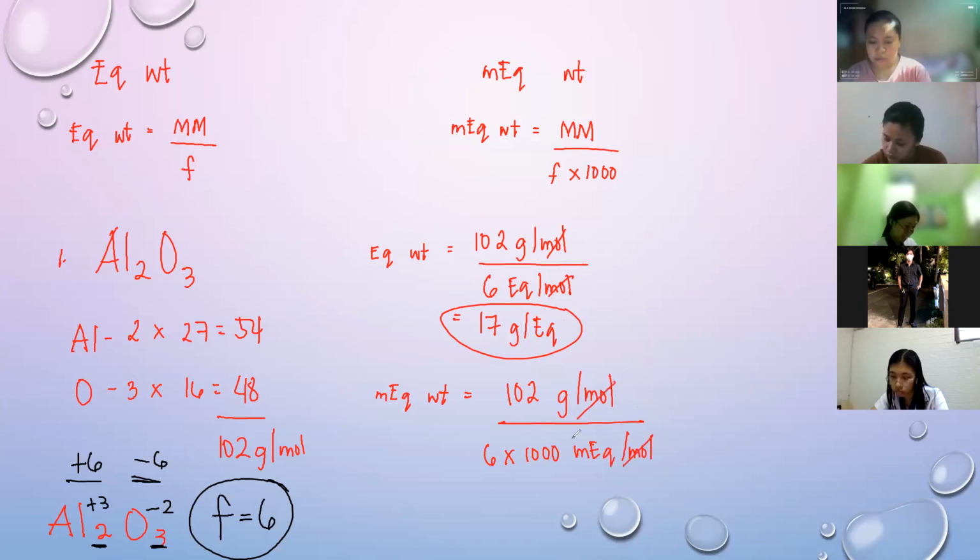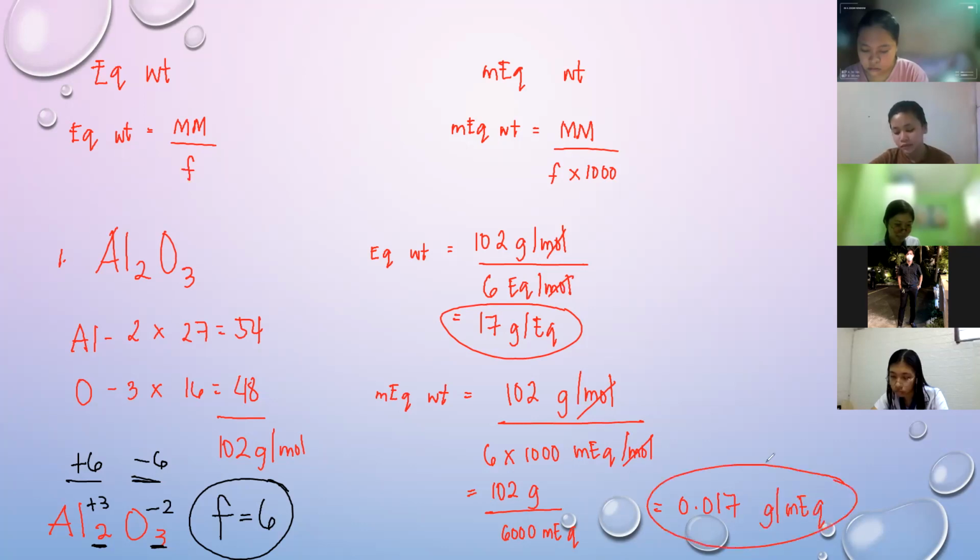So you cancel the mole. This is 102 grams divided by 6,000 MEQ. The correct answer, 102 divided by 6,000, 0.017 grams per MEQ. Okay? So, ganon yung pag-compute.